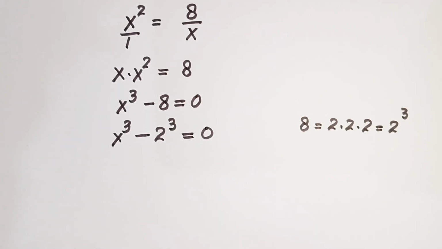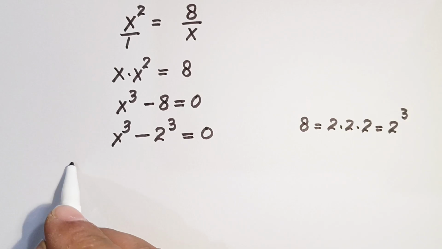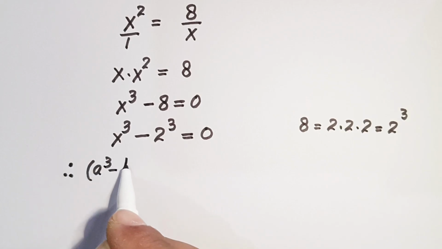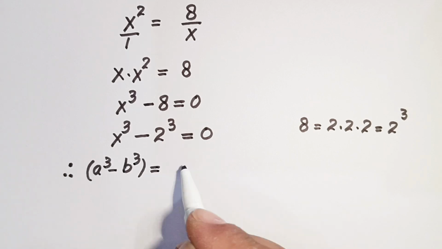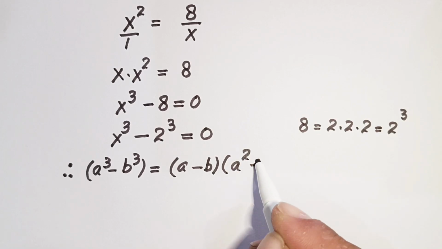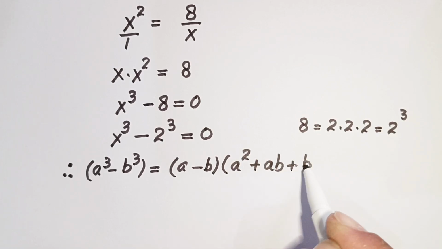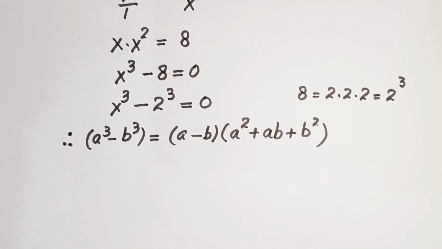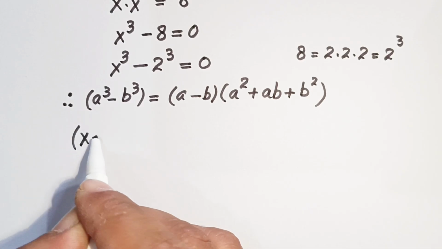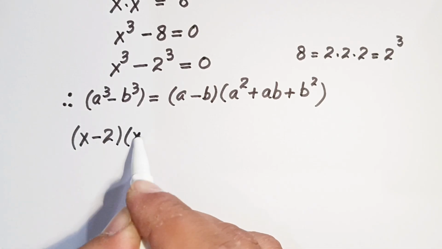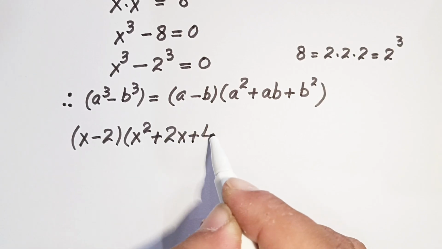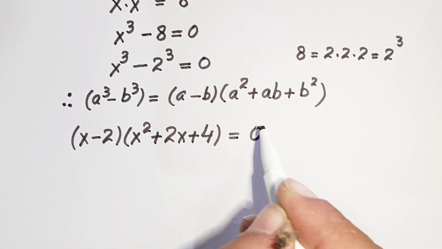Now we have a nice algebraic formula: a cubed minus b cubed is equal to (a minus b) times (a squared plus a times b plus b squared). So applying this formula to x cubed minus 2 cubed, we get (x minus 2) times (x squared plus 2 times x plus 2 squared, which is 4) is equal to 0.